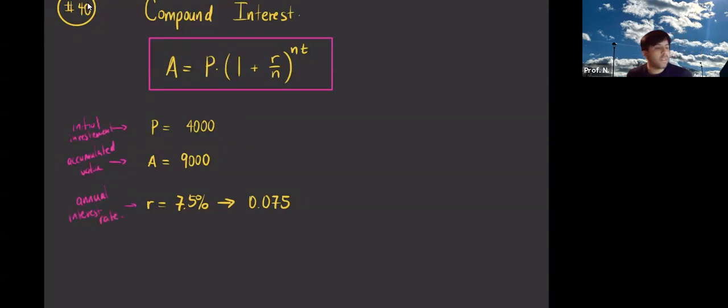Then it says the interest is compounded quarterly, which means that it's being done 4 times a year. So then n equals 4. So this is the compounded interest quarterly.